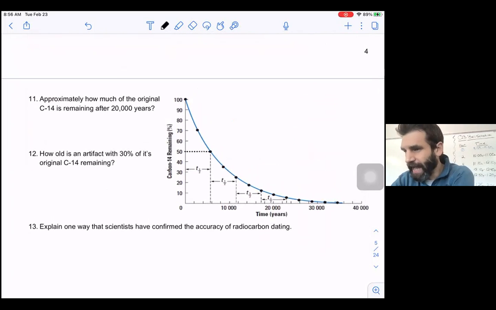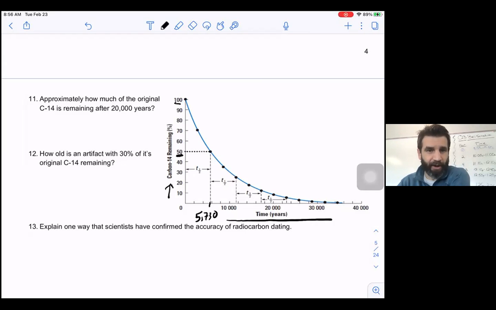So the way to really look at this is to look at a graph here. And what we're looking at here is the remaining carbon-14 versus time after the organism has died. So we start here with 100% of the original carbon-14. And after 5,730 years, there is only 50%, half the amount of carbon remaining.